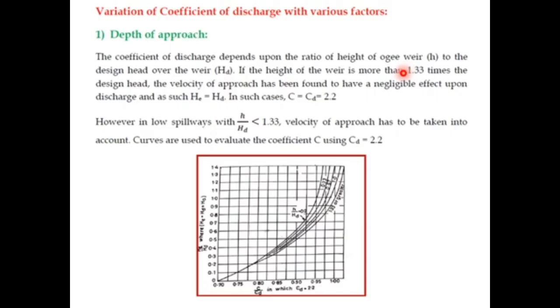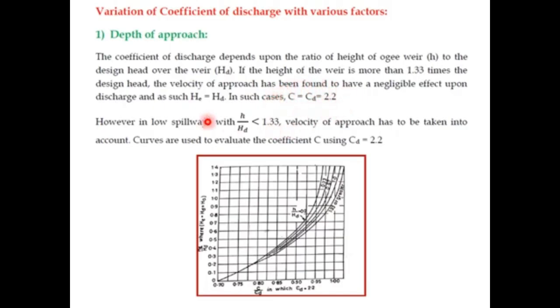If the ratio of height of ogee to design head is more than 1.33, then the velocity of approach is found to have a negligible effect and hence can be neglected. Therefore, the total energy head He can be taken equal to the design head. In such cases, C equals Cd equals 2.2.